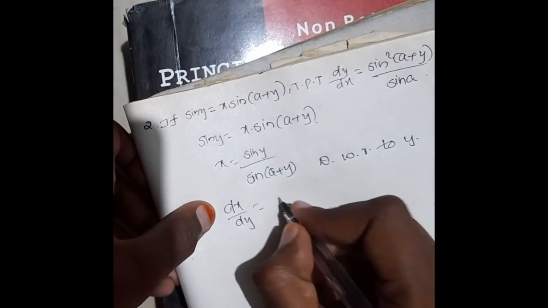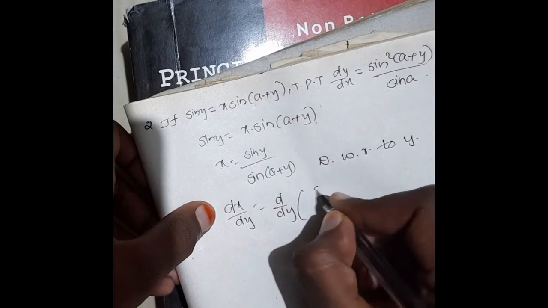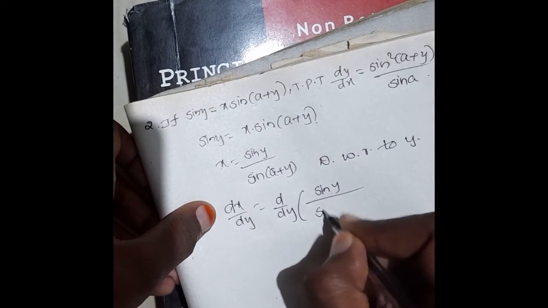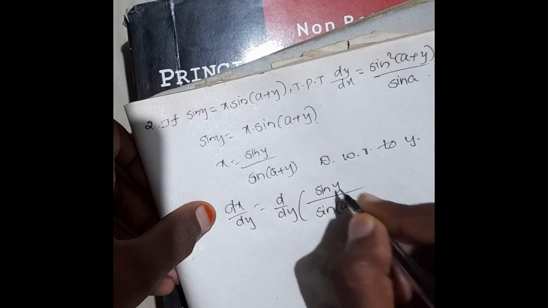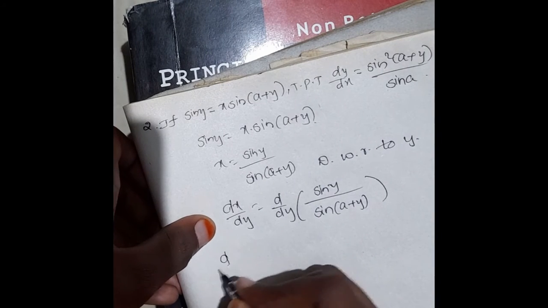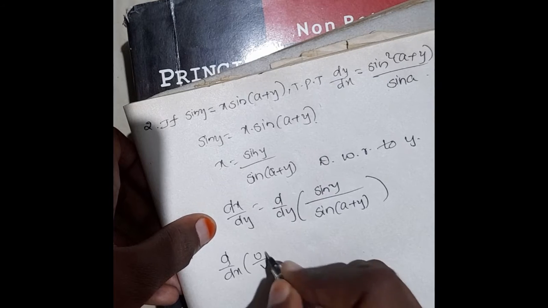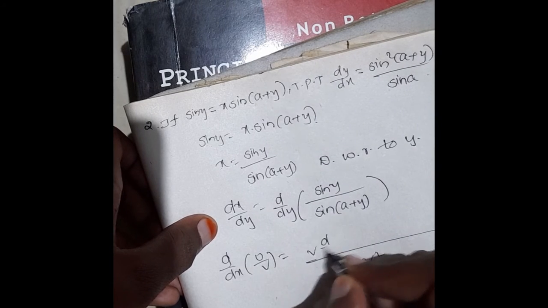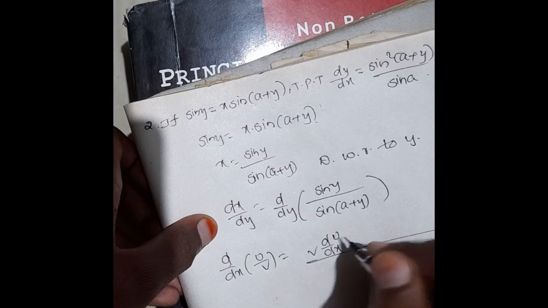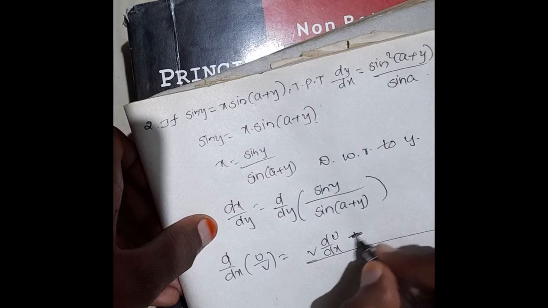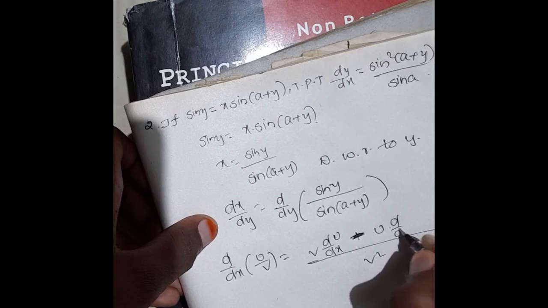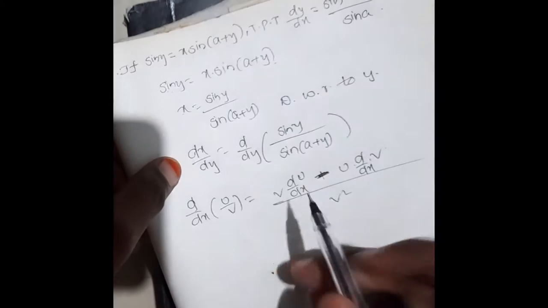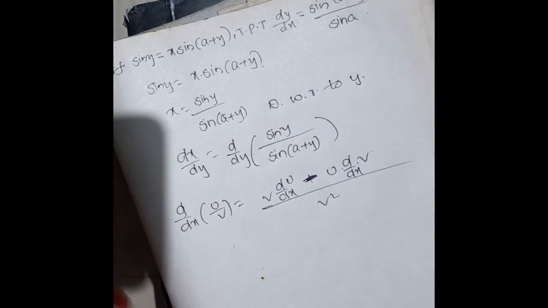Now d by dy of sin y by sin of a plus y. We know a formula, d by dx of u by v is v u dash, that is v into d by dx of u, minus u into d by dx of v, all over v square. But here we are differentiating with respect to y, so we will have it in terms of y.